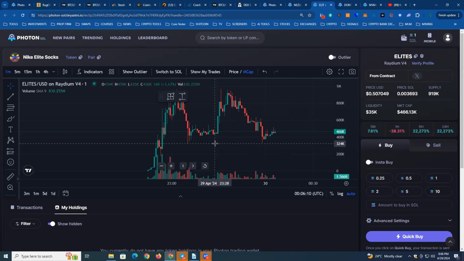But what you should notice is here we see a head and shoulder pattern right here, and then she dropped to the downside. If there's going to be a spike, price may spike up to the $600,000 level. And if we're fortunate, she will continue to go up further and surpass the last high, or she might only go to the $800,000 level, then spike to the downside.